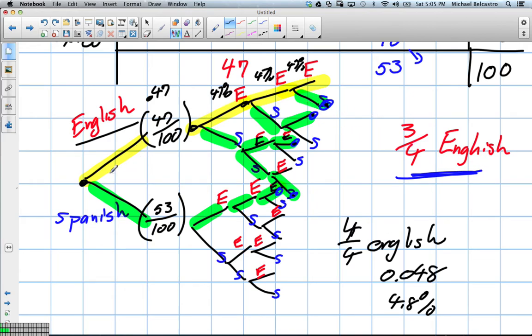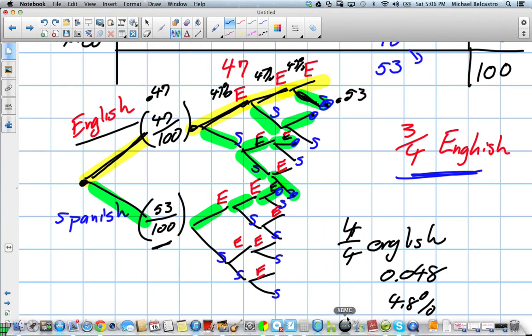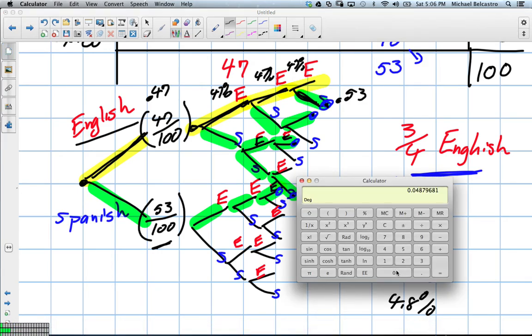Well, first of all, we have to calculate these probabilities. And this is 47, 47, 47. What's the probability of drawing a Spanish person? 0.53. Okay? So it's a little bit different, these probabilities at the end. Okay, so we're going to take 0.47 times 0.47 times 0.47, do it 3 times.